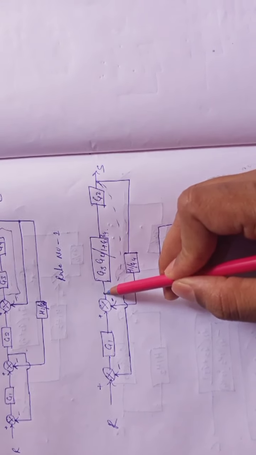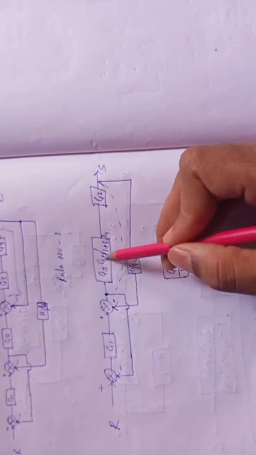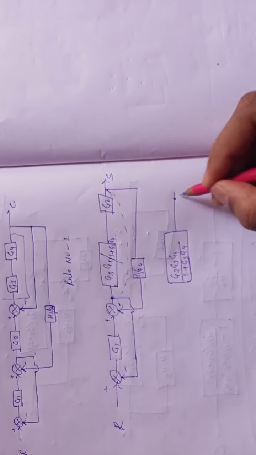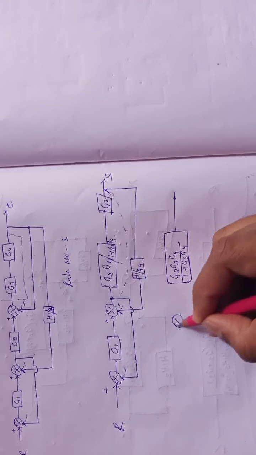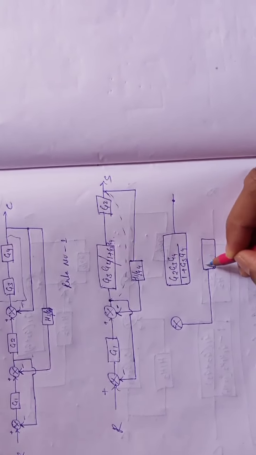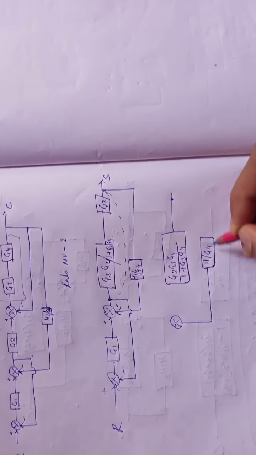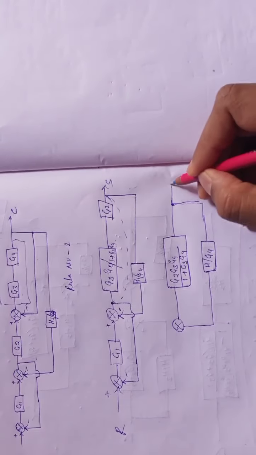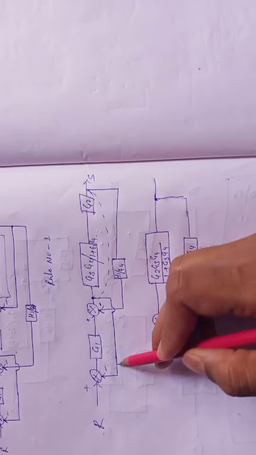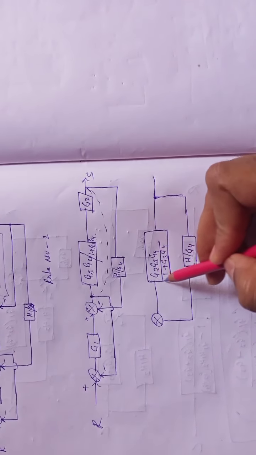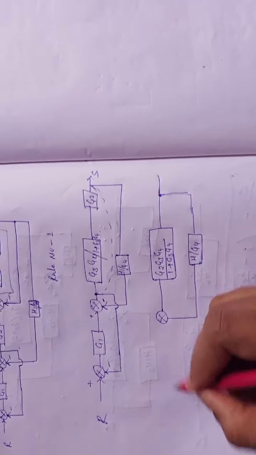Now I am shifting this point ahead of this gain. It means it comes here, and the summing point will remain the same, and the feedback of this, H1 divided by G4, will remain here. Now I have shifted this unity feedback takeoff point ahead of this entire gain, which means this gain is inverse to this.